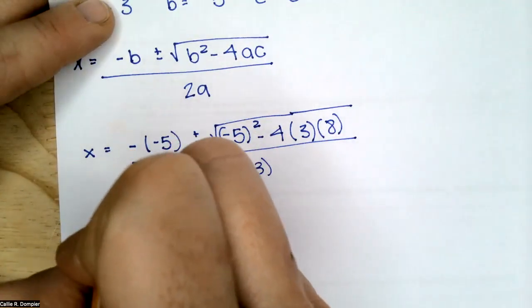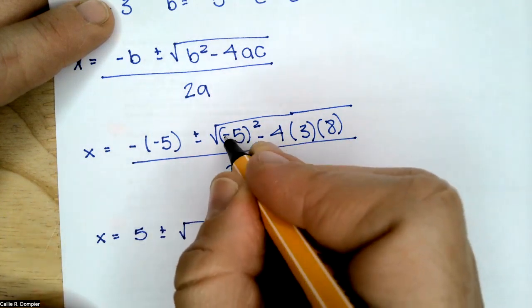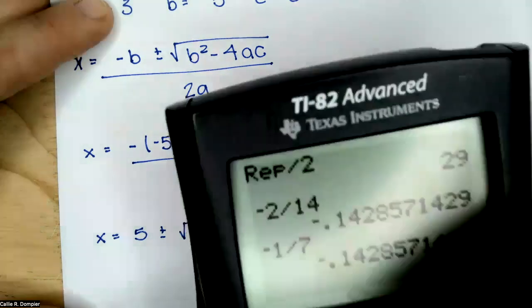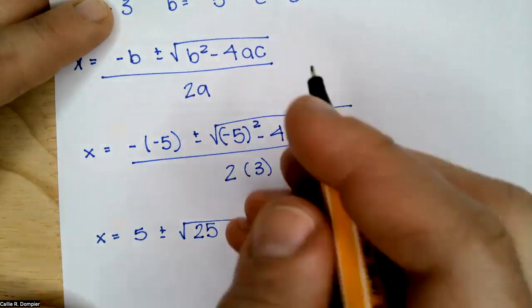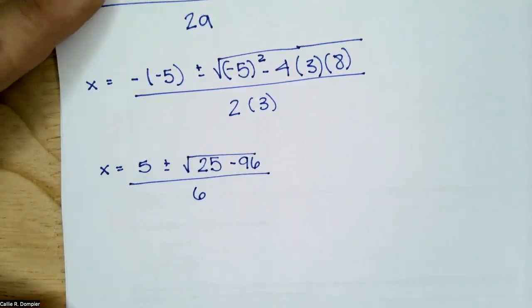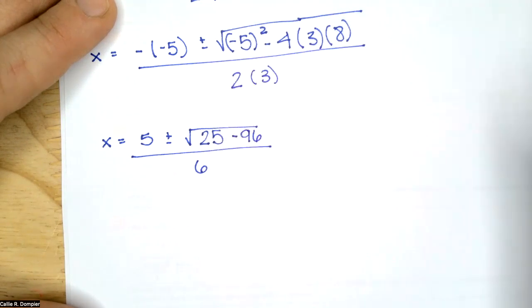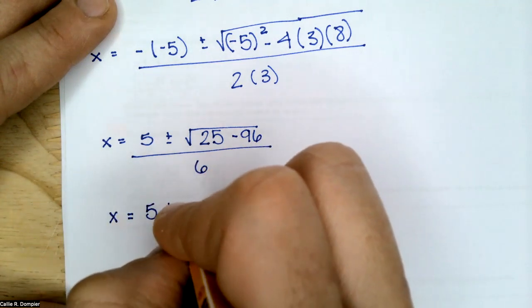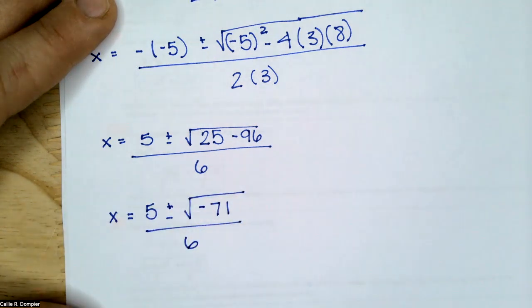Minus a -5 is going to be a +5, plus or minus the square root of, sorry, the square of -5 is 25. -4 times 3 times 8. So we're combining with -4 times 3 times 8, -96 over 2 times 3 is 6. Let's subtract 25 minus 96. We get negative 71. x equals 5 plus or minus the square root of negative 71 over 6.